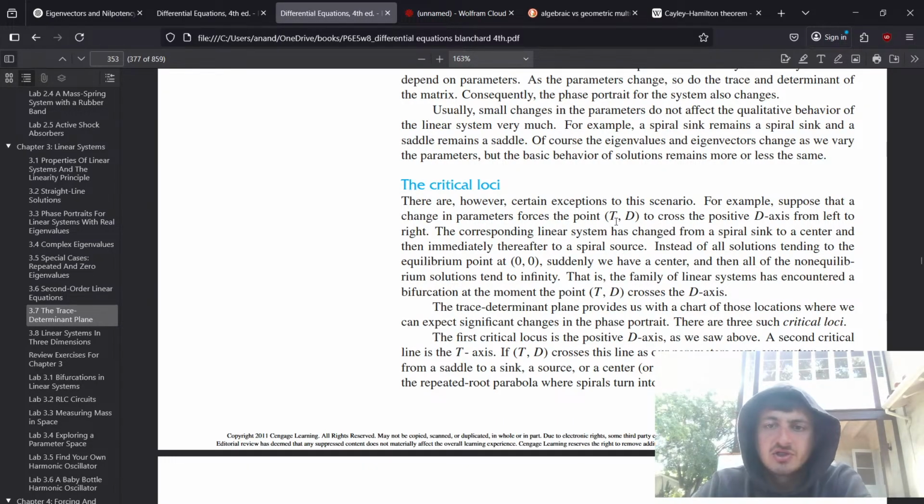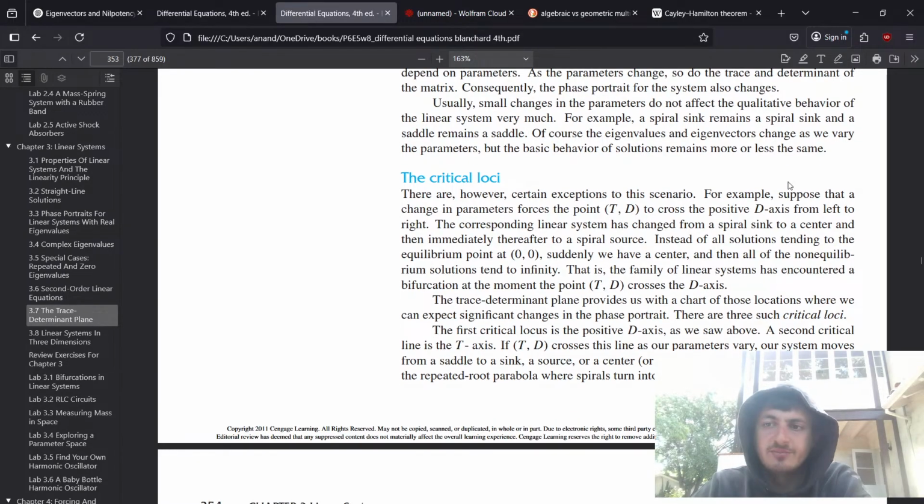There are, however, certain exceptions to this scenario. For example, suppose that a change in parameters forces the point to cross the positive d axis from left to right. The corresponding linear system is changed from a spiral sink to a center and then immediately thereafter to a spiral source.